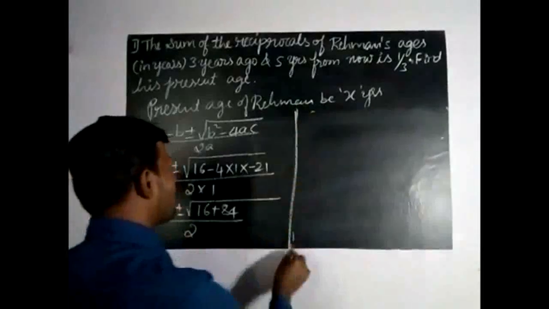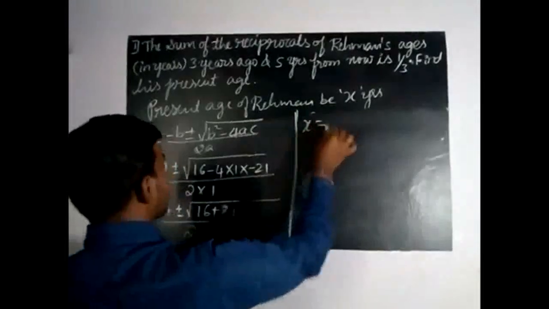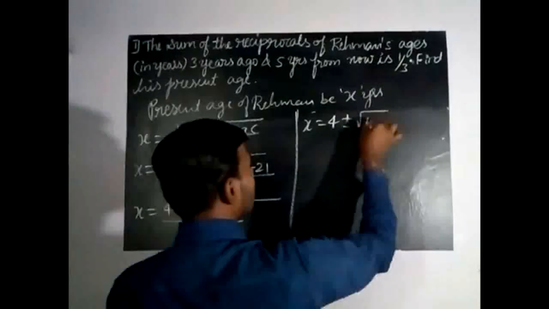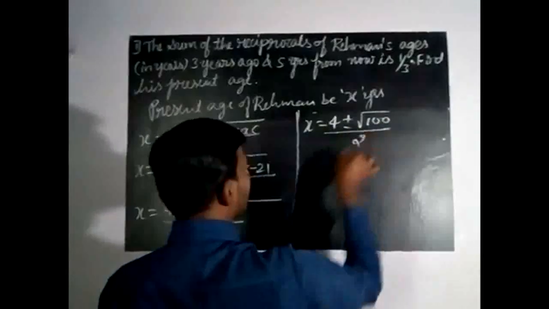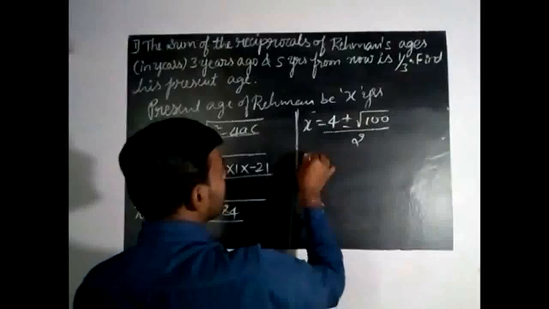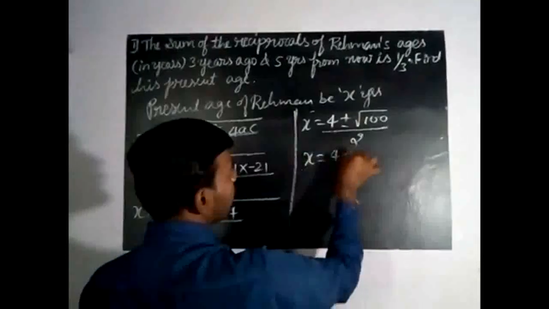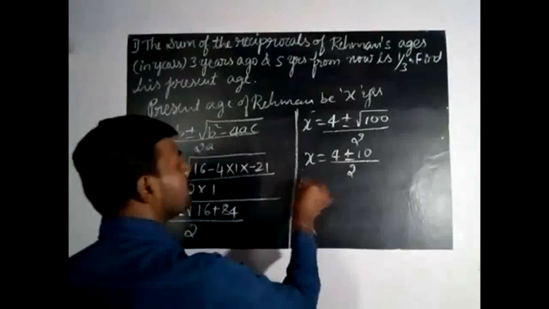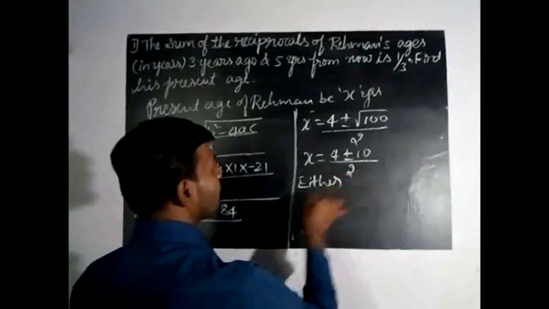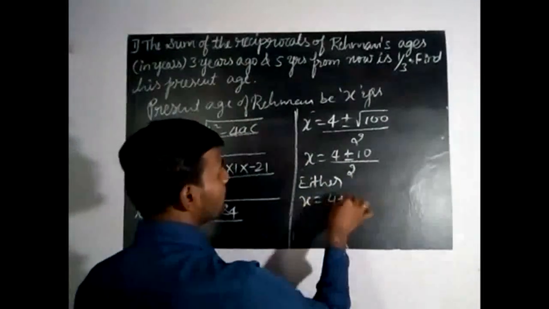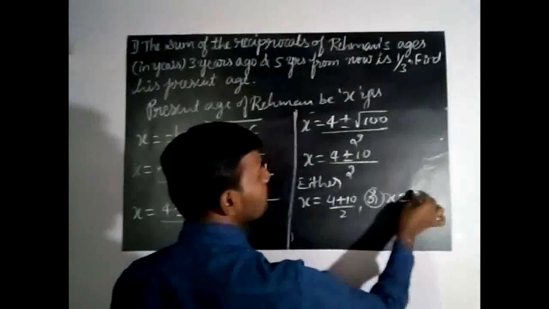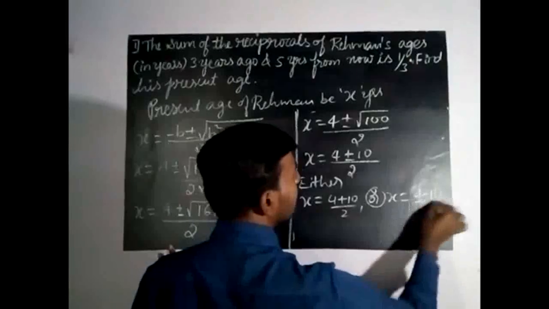What will we have? x is equal to 4 plus or minus root 100 by 2. Here root 100 means 10 only, divided by 2. Either x is equal to 4 plus 10 by 2 or x is equal to 4 minus 10 by 2.